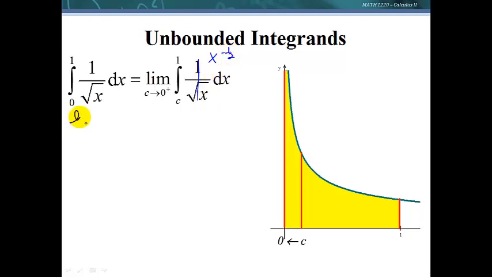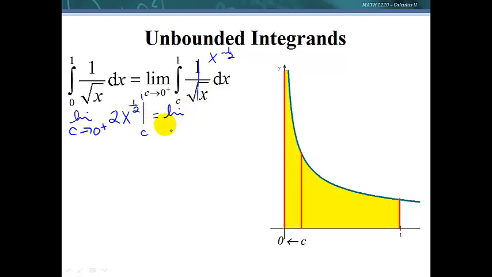And so we will have the limit as c approaches 0 from the right hand side of x to the 1 higher power, which would have been a 1/2, and then we would need the reciprocal of that power out in front, so a 2, and that will be evaluated from c to 1.